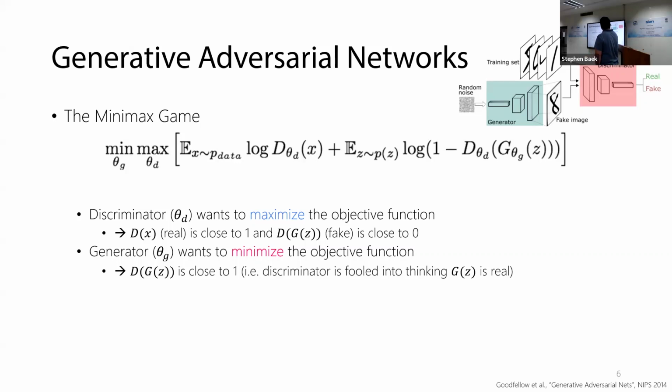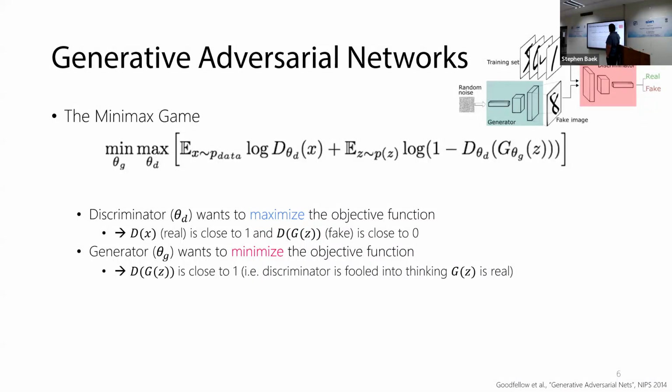The second term is pretty much the same, except that now the data comes from the fake image. So P of Z is a random seed, a random number that the generator uses to generate an image.